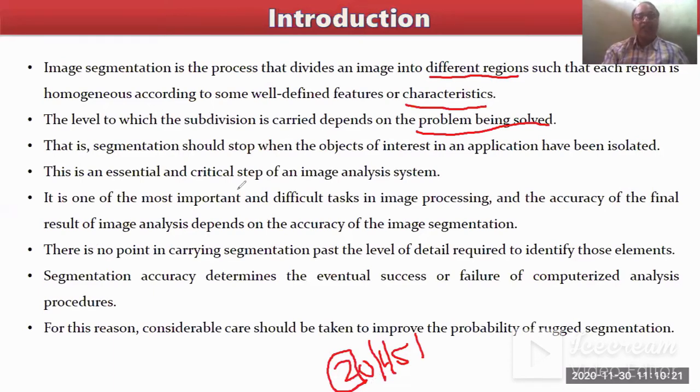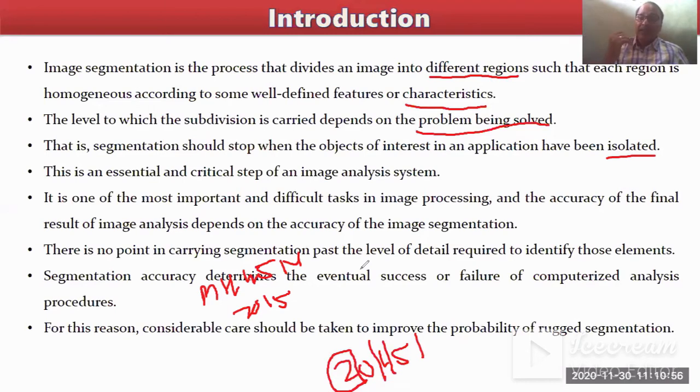Segmentation should stop when the object of interest in the application has been isolated. Now how many segments can we make? Whenever we get our required answer, when we have the object of interest, we stop the segmentation. Suppose our number plate is something like MH45 something N and then 2015. We can divide this image into a number of segments.